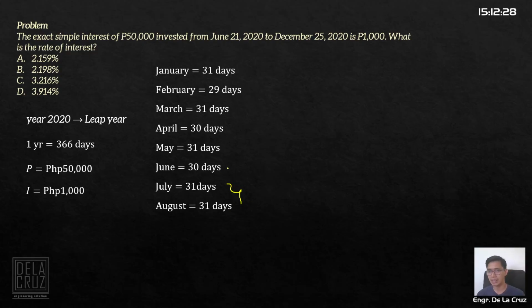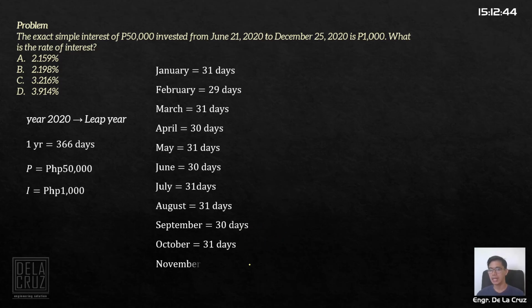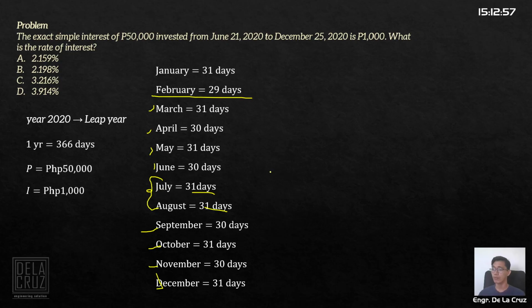Then alternate yan. 30, 31, 30, 31. Yung tatandaan din natin is yung February. 28 for normal year, 29 for leap year. So, yan lang yung tatandaan natin. July and August, the same 31 days, then alternating na yan. Of course, February has only 29 days for a leap year.